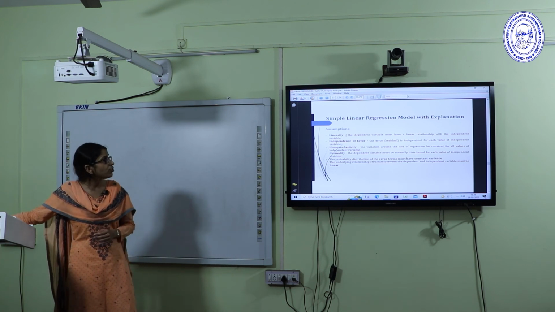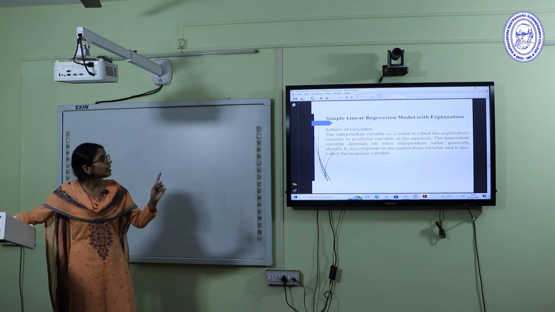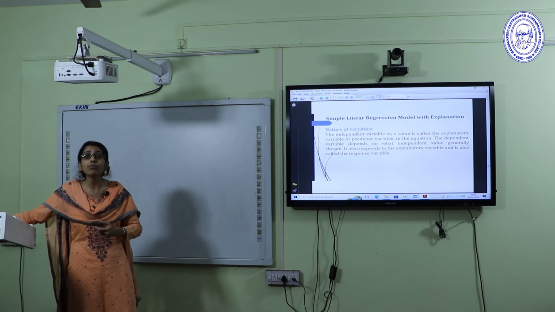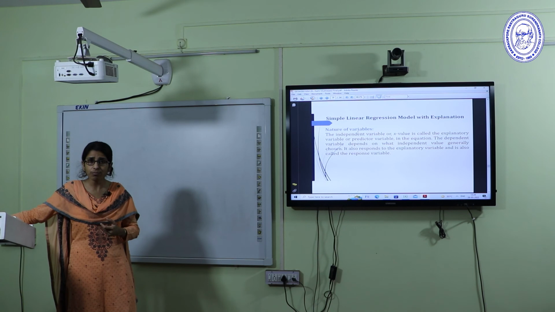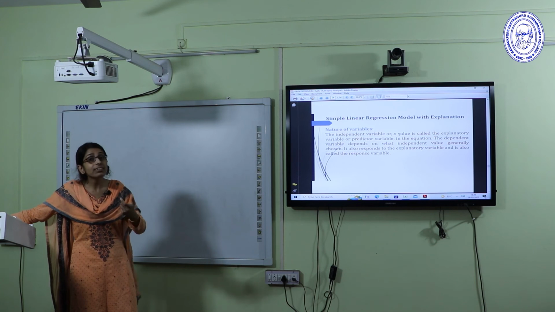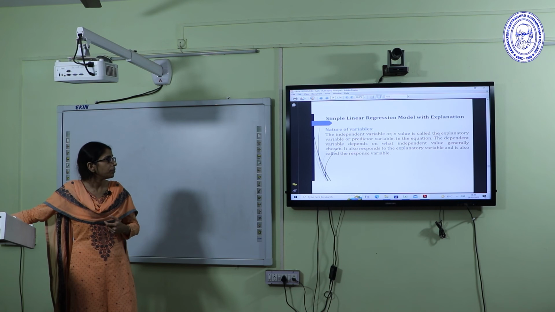These are the assumptions. Now, the nature of variables. What type of variables do you need for a simple linear regression model? The independent variable, or your X variable, is called the explanatory variable or predictor variable.